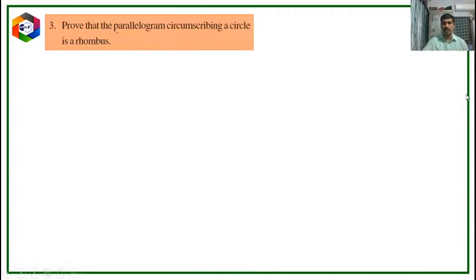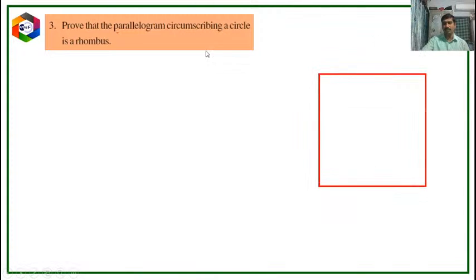Now let us observe that. Let us draw that parallelogram. After circumscribing, it is a rhombus, and I have drawn it like this for easy understanding. Yes children, now a circle is inscribed, or it is touching the sides.